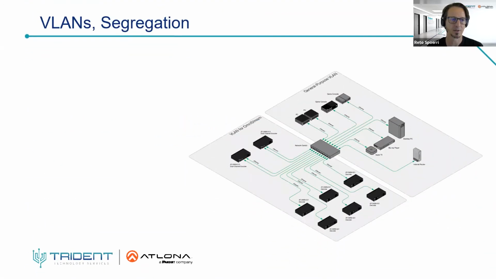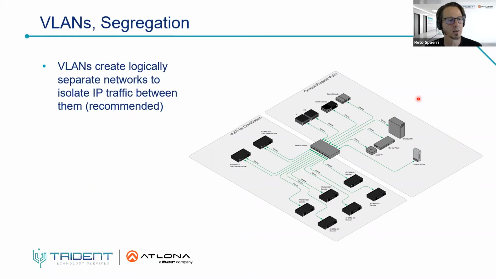This is the separate VLAN. The lower left is the VLAN for OmniStream, so the AV over IP. And the one in the upper right is the general purpose or enterprise VLAN, where you have all your computers, internet access, emails, and so on.